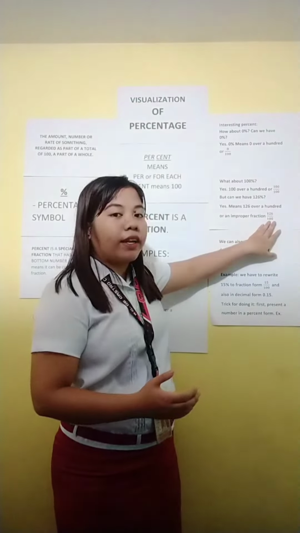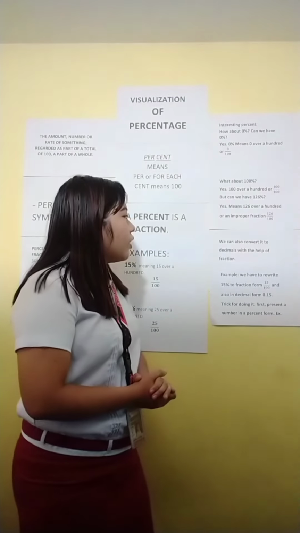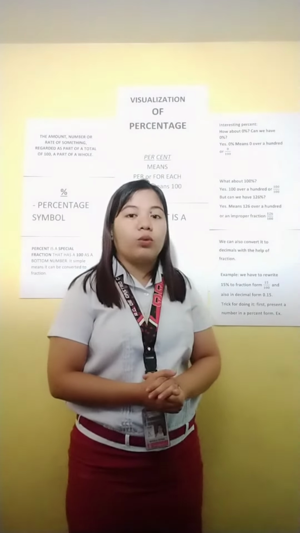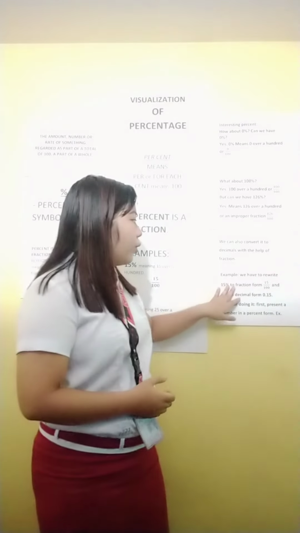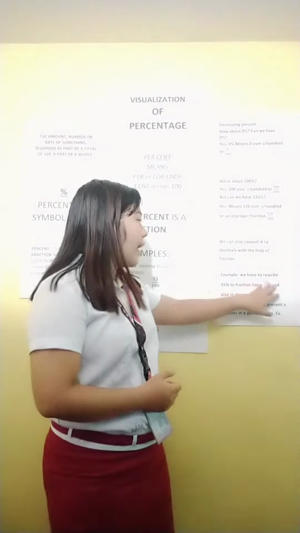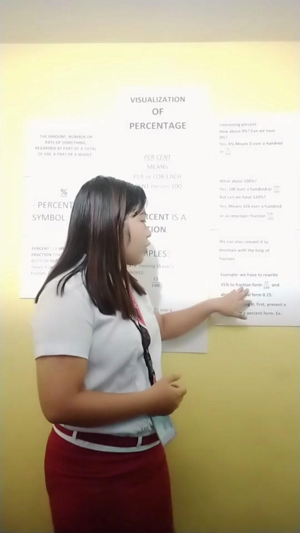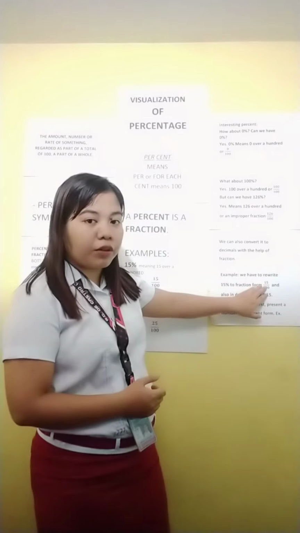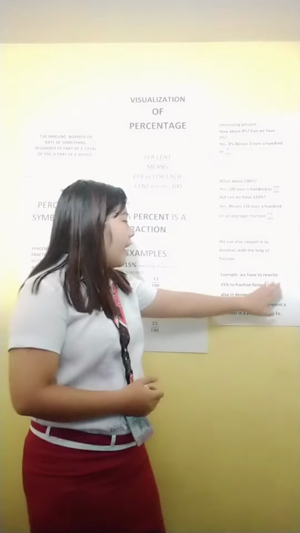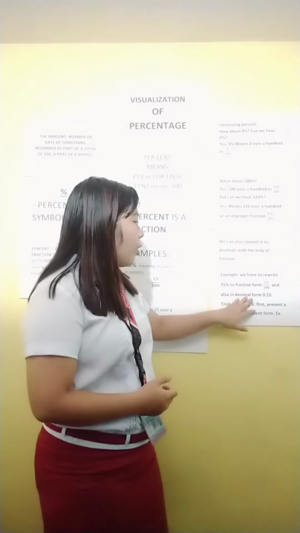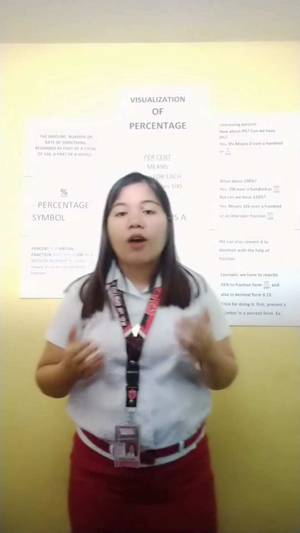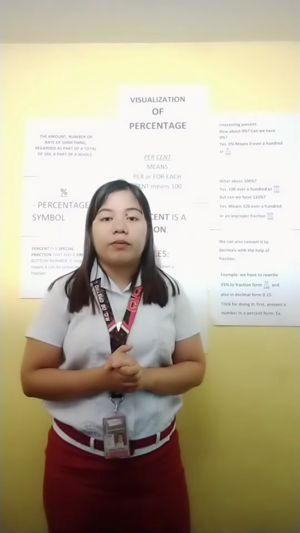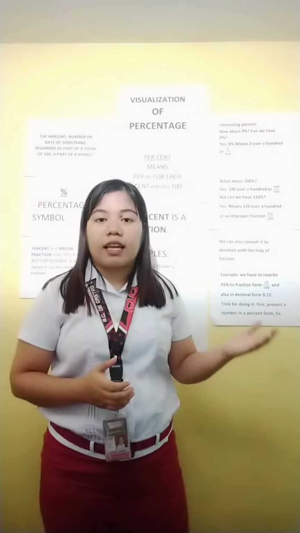We can also convert it to decimal with the help of the fraction. For example, we rewrite 15% to fraction form, 15 over 100, and also in decimal form, 0.15. So how do we get 0.15 as a decimal?